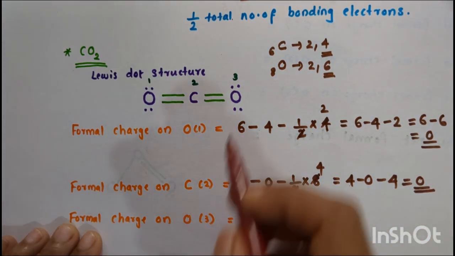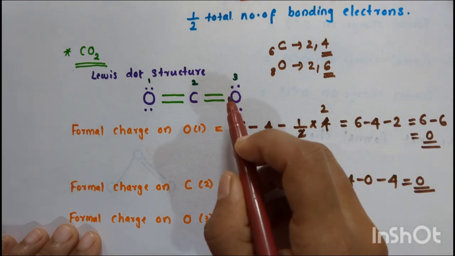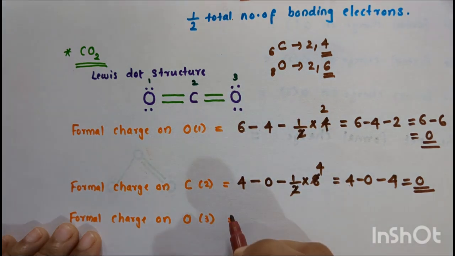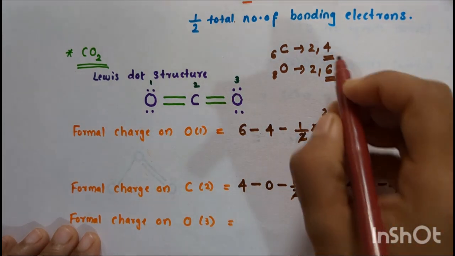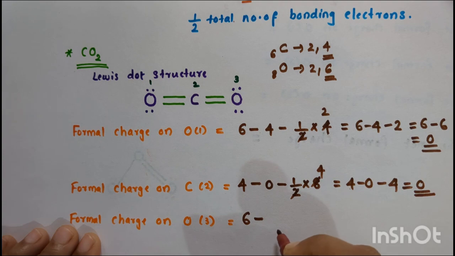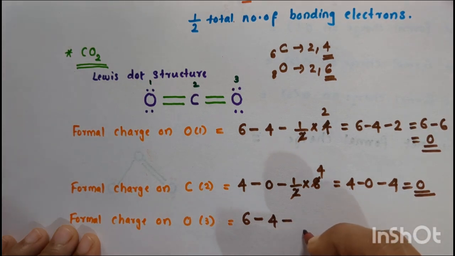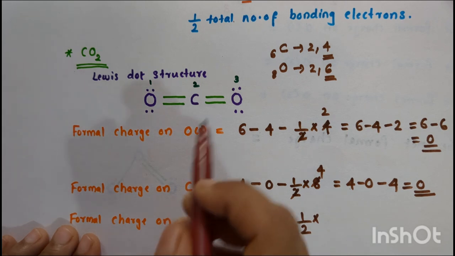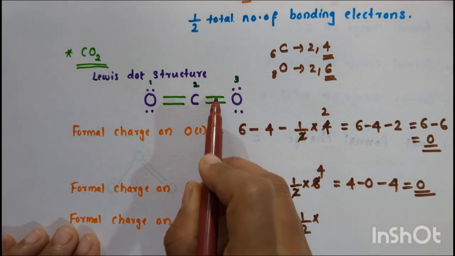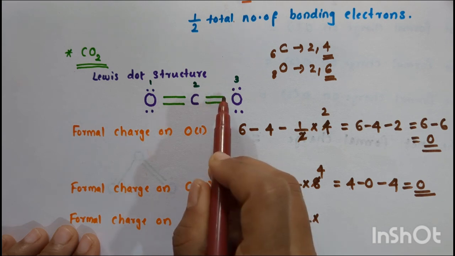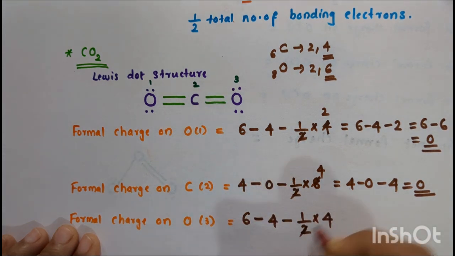Similarly, let us consider the oxygen atom numbered 3. The formal charge on this oxygen atom is the total number of valence electrons in the free oxygen atom, which is 6, minus the total number of non-bonding electrons, which is 4, minus half of the total number of bonding or shared electrons. Connected to this oxygen there is a double bond. A single bond corresponds to 2 shared electrons, so a double bond is 4 electrons, and half of 4 is 2.